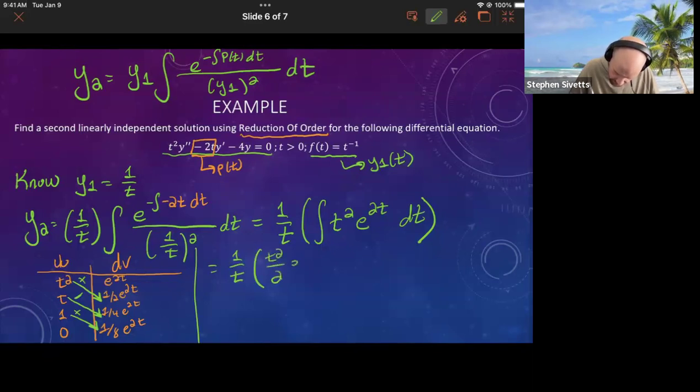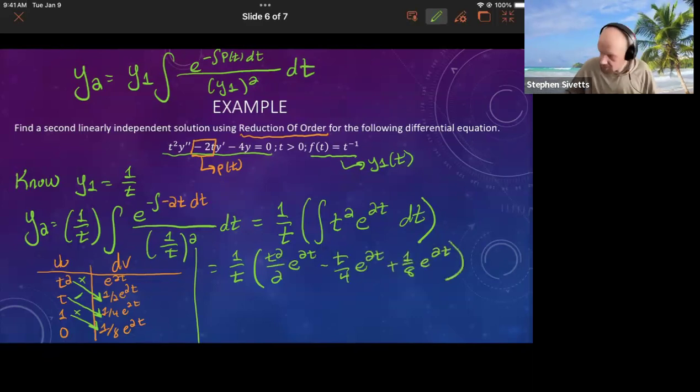And so what this quantity will equal is 1 over t times t squared over 2 e to the 2t minus t over 4 e to the 2t, plus 1/8 e to the 2t.